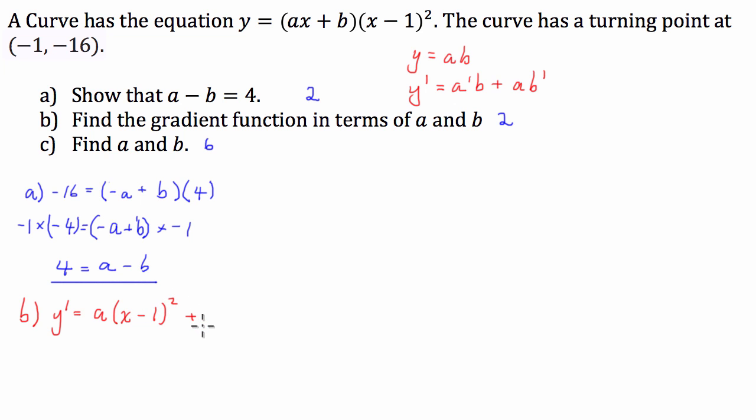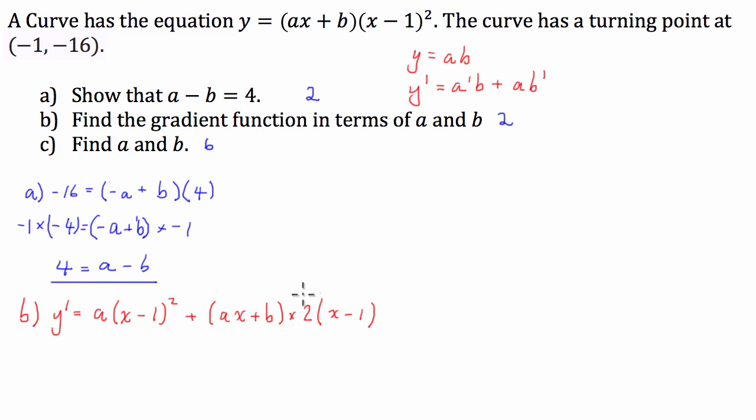Then to that we are going to add: we leave the front constant, so it's going to be (ax plus b), and we multiply that by the derivative of the back. So the derivative of the back is 2 times (x minus 1) raised to the power of 1, times by the derivative of the inside, which is also 1. So you could say that this is the derivative of the function in terms of a and b.